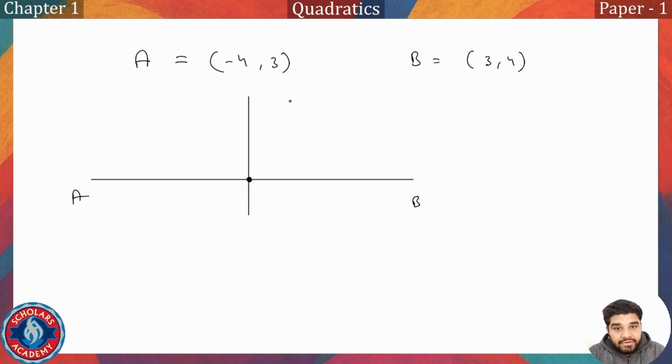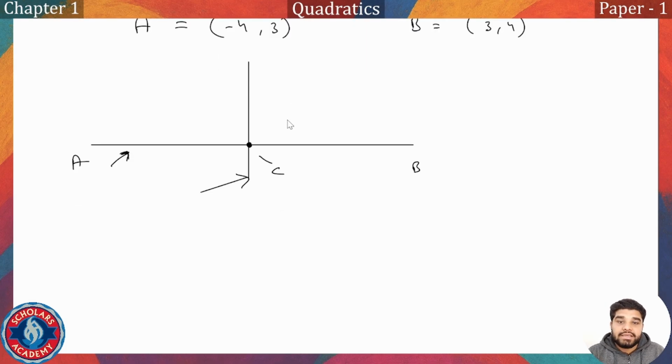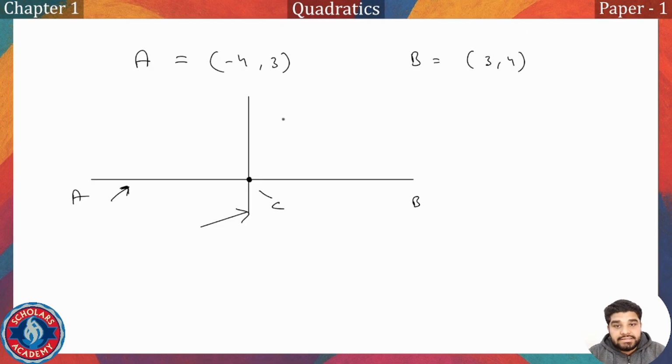First of all we need to find this point, that is C, which is the midpoint of these two points A and B, as well as we need to find the gradient for AB, and then the gradient for the perpendicular line to AB. So we'll try and find these two things, and then we can find the equation of line CD, or the perpendicular bisector.